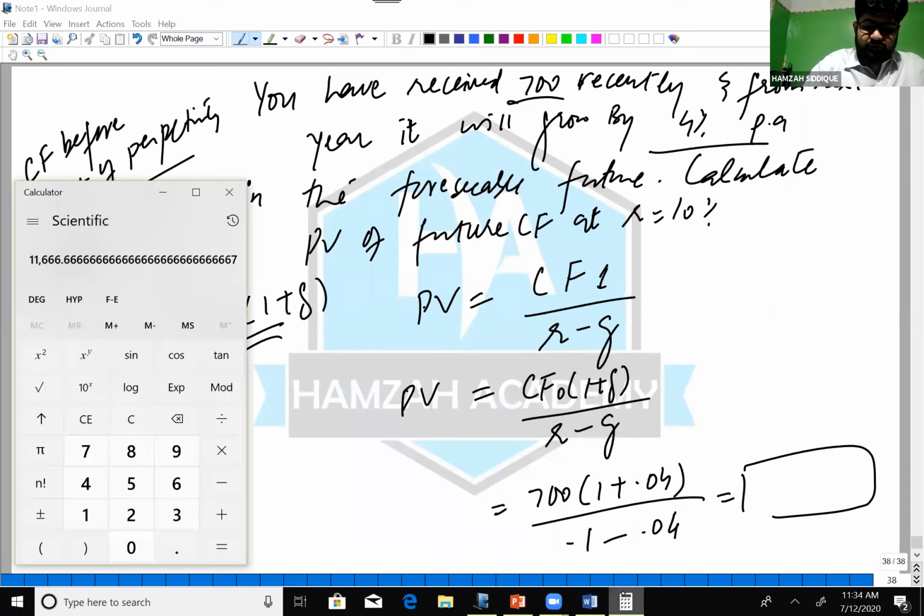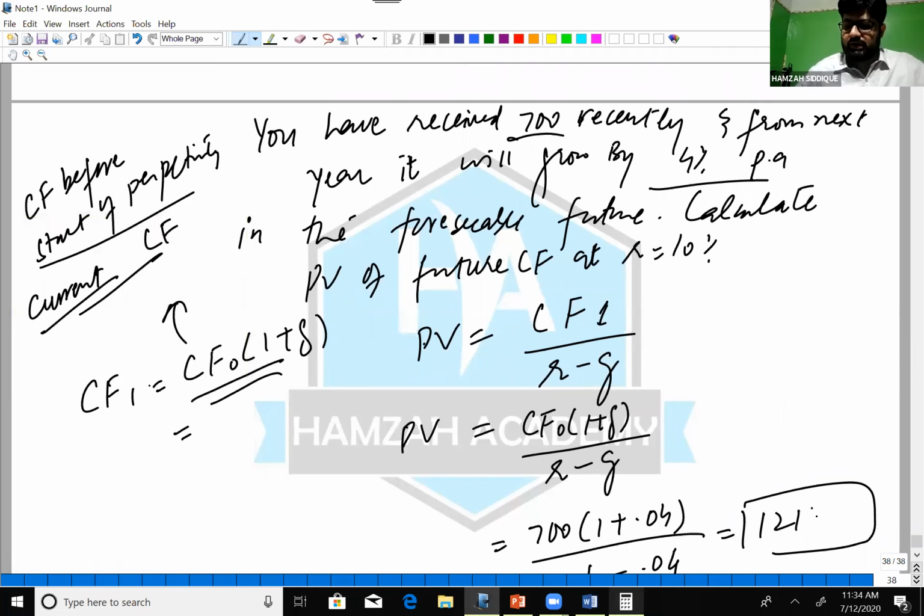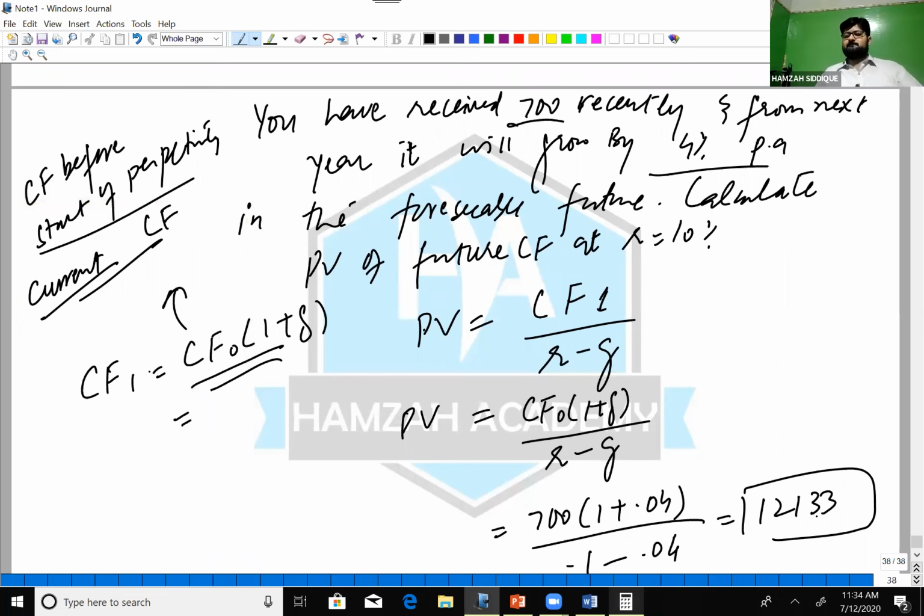So we can calculate it here. 700 multiplied by 1.04 divided by 0.06 is 12,133. You see the difference between both scenarios.